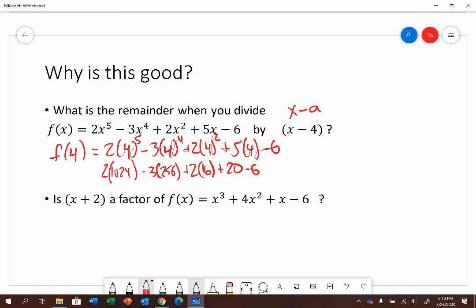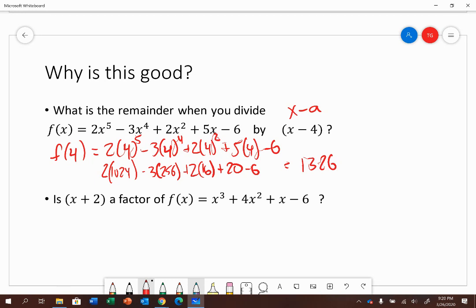And if we subtract these things, actually, I don't know what the answer is. That'd be 2048 minus 3 times 256 plus 32 plus 20 minus 6. The answer to this is 1,326. So if you plugged in 4 into that function, you get 1326. That's the remainder when you divide.